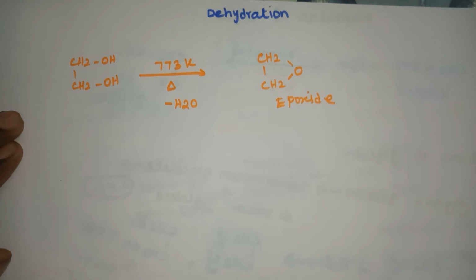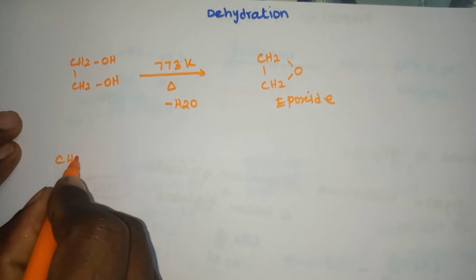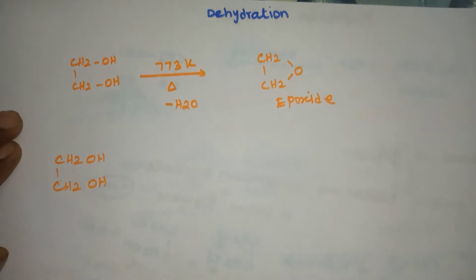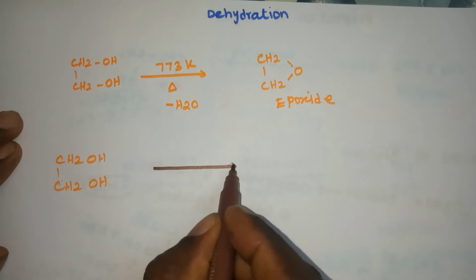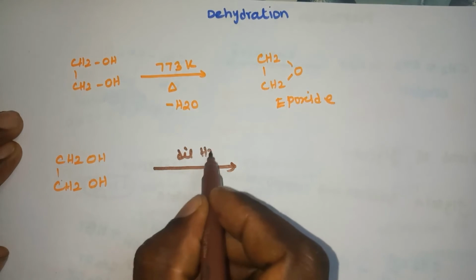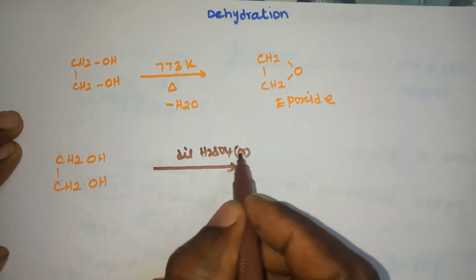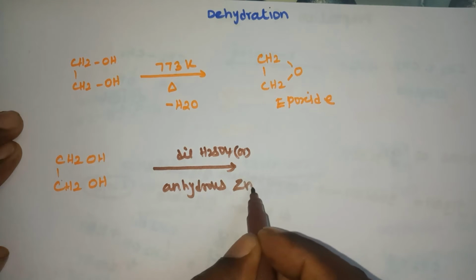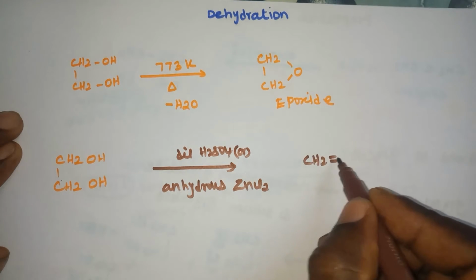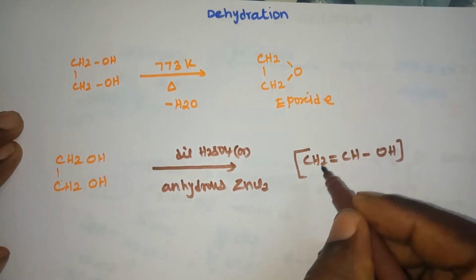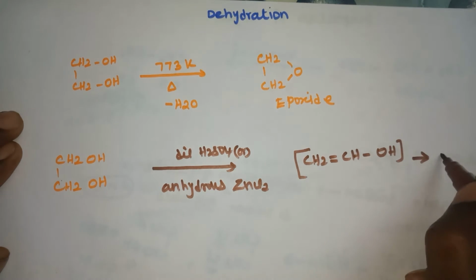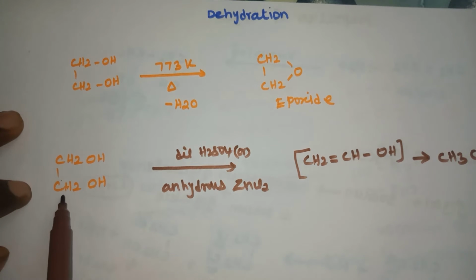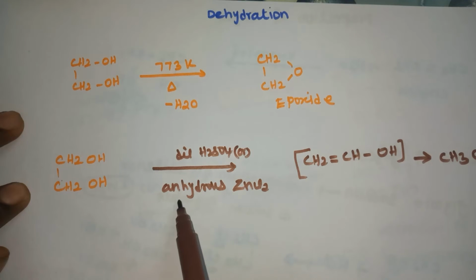In this reaction, vinyl alcohol is an intermediate. CH2OH-CH2OH, ethylene glycol, reacts with dilute sulfuric acid or anhydrous zinc chloride.